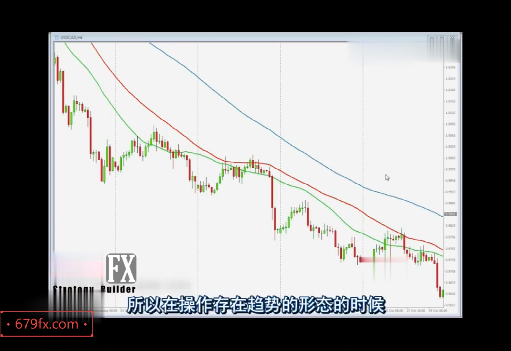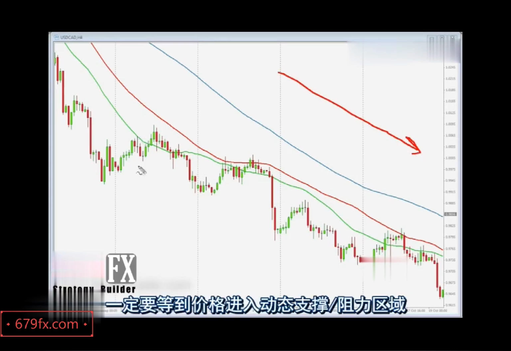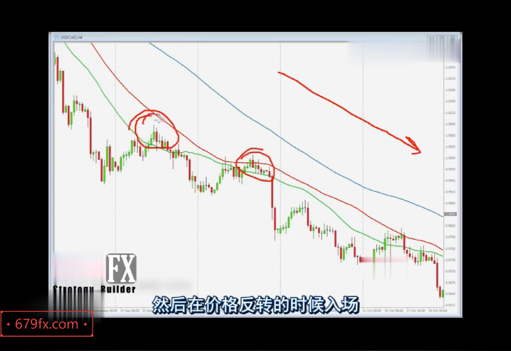That will indeed be the case if you trade in the direction of the trend. If you wait for price to pull back to the dynamic area of resistance, and then you trade as the turnaround begins to take place.